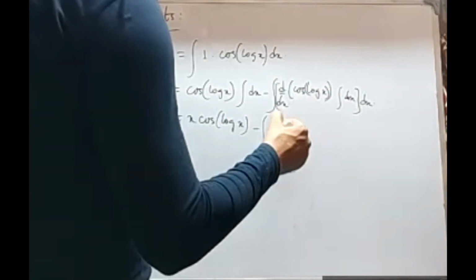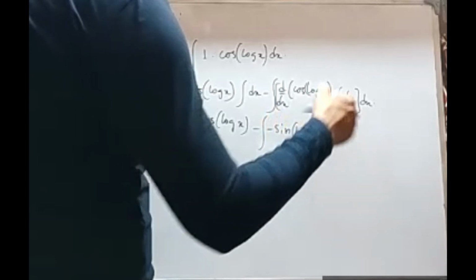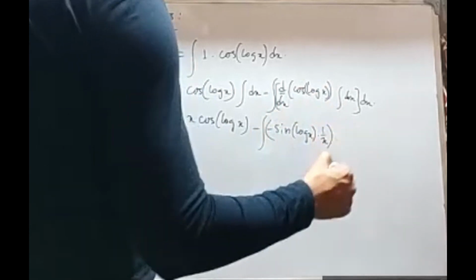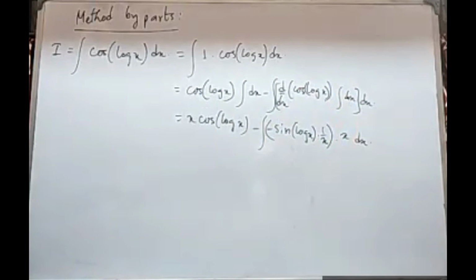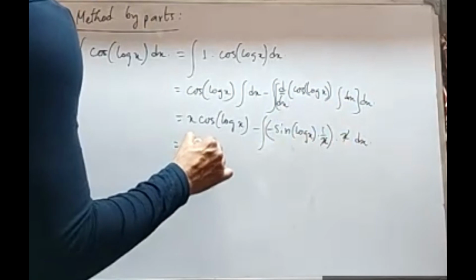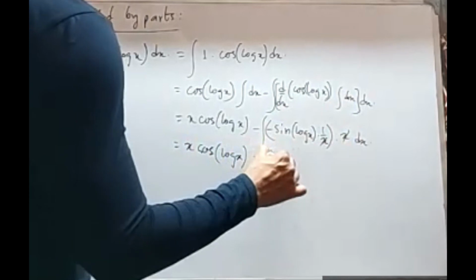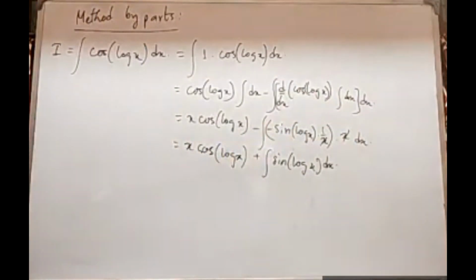So it should be minus sine log x into chain rule. So derivative of log x, so 1 by x into the integration of dx. So this x and this x will cancel out, and you can see it is again coming as one integral plus integration sine log x, just like the previous one. So we need to again integrate this using integration by parts.